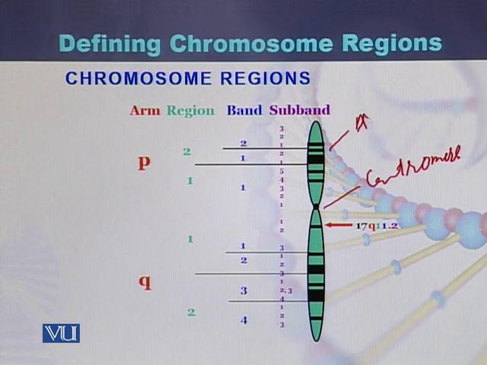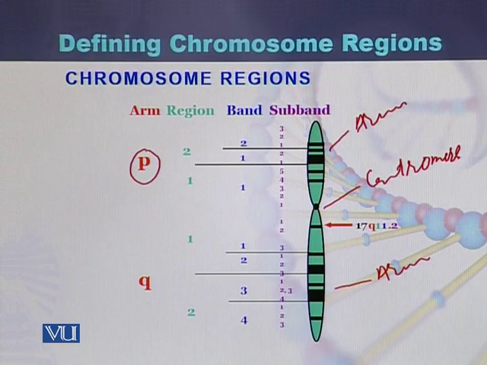This is the arm of the chromosome and this is the second arm of the chromosome. So a typical chromosome consists of a centromere and two arms. The arm that is usually short in nature is called the P arm, while the longer one is called the Q arm. So there are two arms of each chromosome.